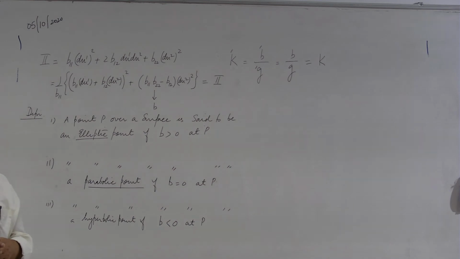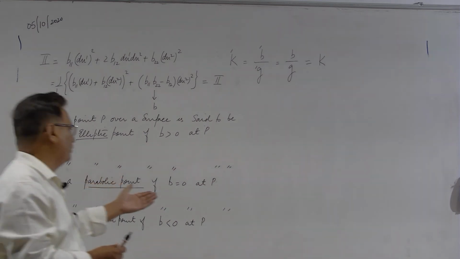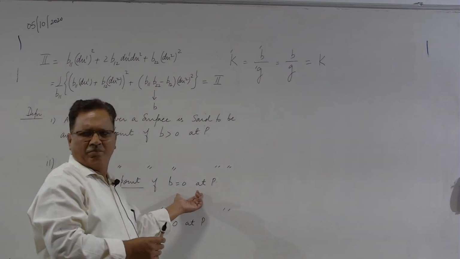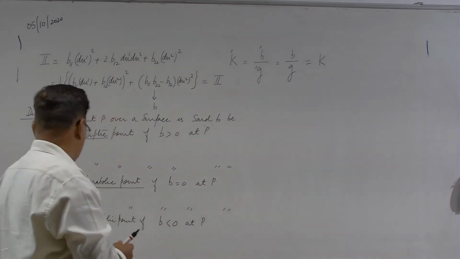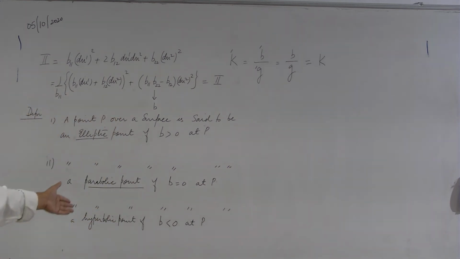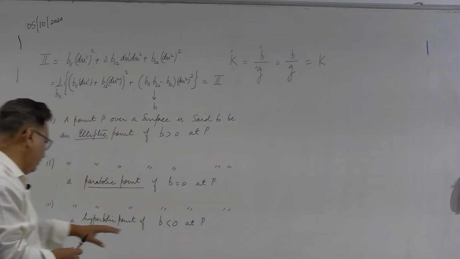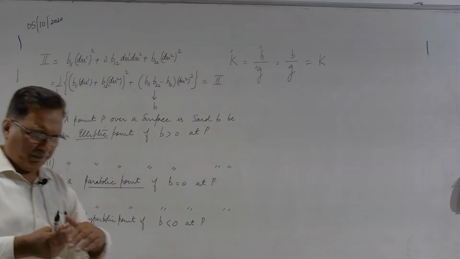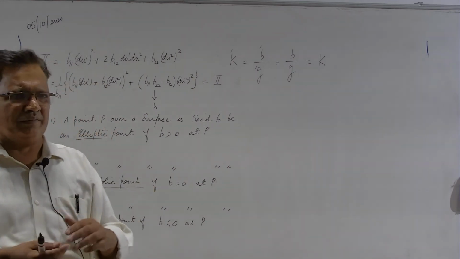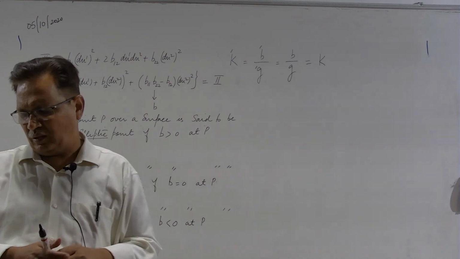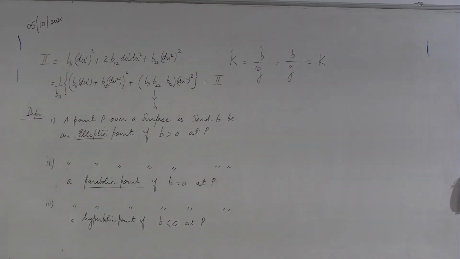And the ratio of du1 over du2 remains the same throughout the neighborhood. Similarly, in the hyperbolic case, somewhere it will be negative, meaning the surface will be below the tangent plane. All right. So, these are some special points that you will notice while studying a surface.